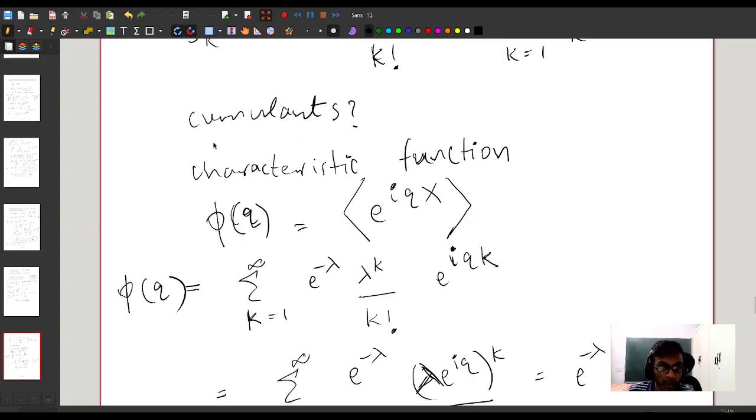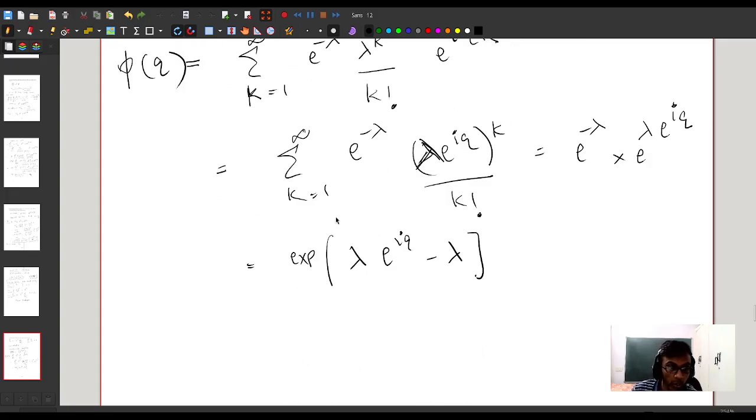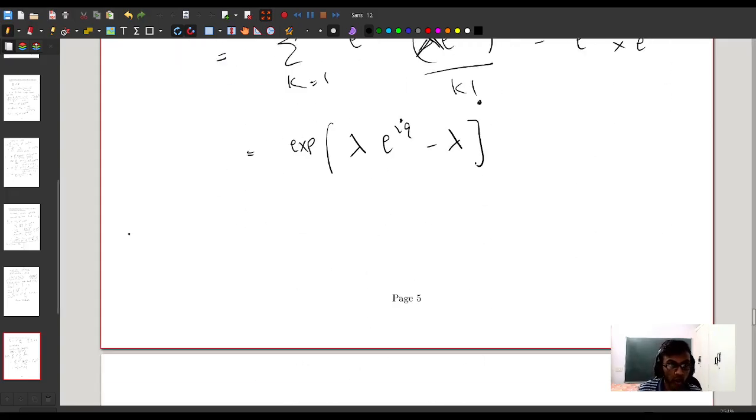And coming back to the definition of cumulants: cumulants are defined using the logarithm of the characteristic function. So consider log phi of q.